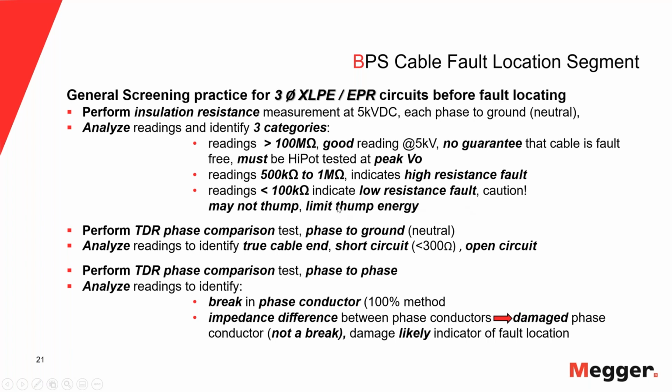Because if we have a very low resistance fault and I put enough energy into it, I could make that low resistance even lower, not a completely short circuit but close to it, which then gives me a big issue pinpointing, because a short circuit fault is much harder to pinpoint than a flashing fault.